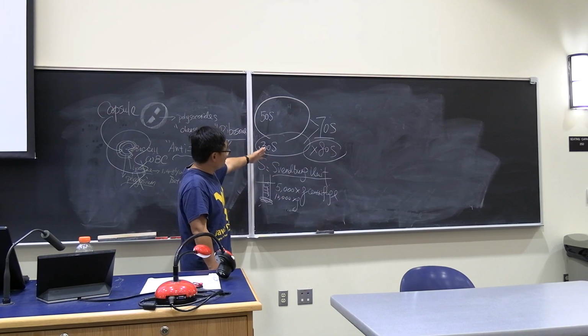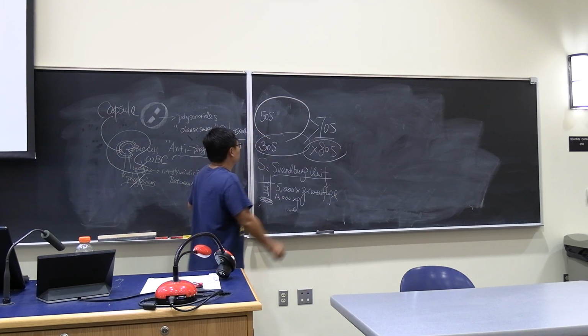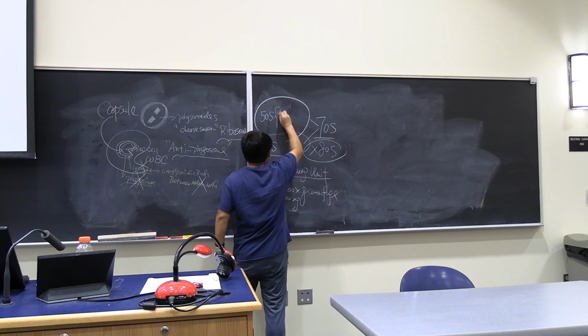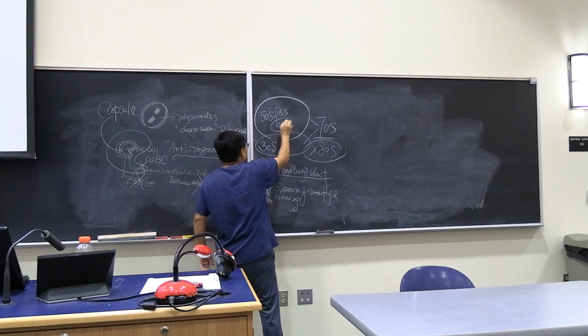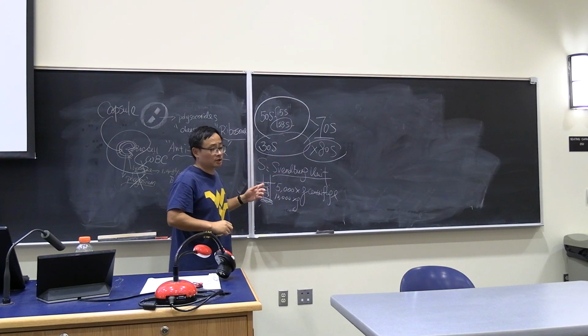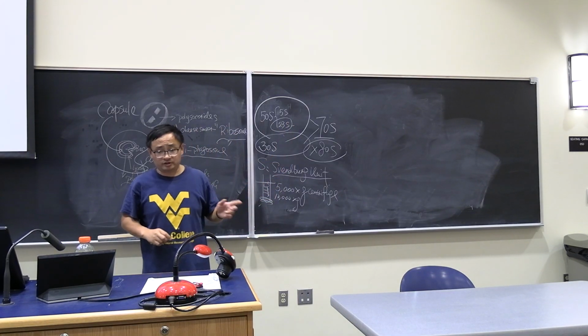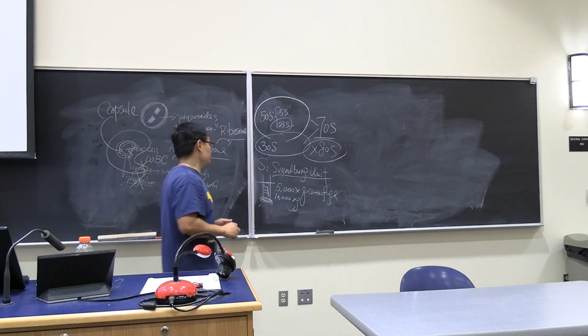Now let's talk about the inside. The 50S has two components, 5S and 23S. The 23S subunit has a very important structure, peptidyl transferase, an enzyme.